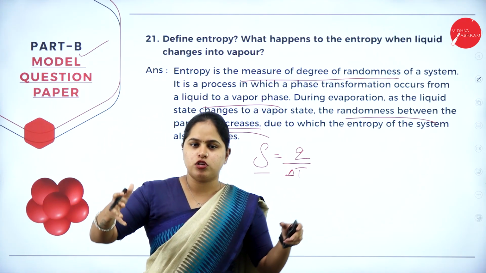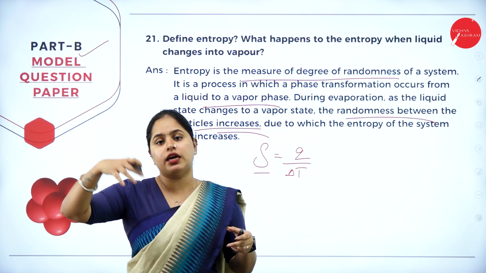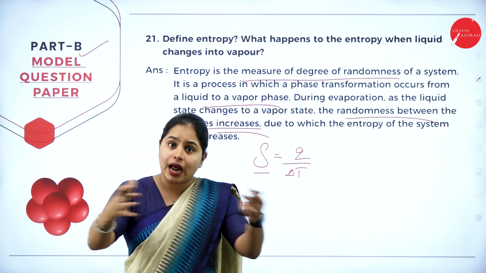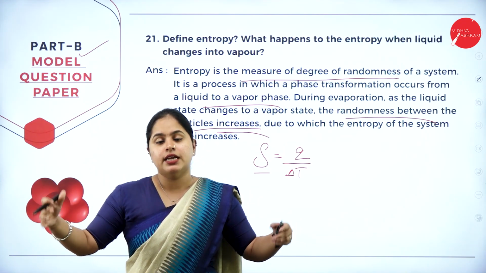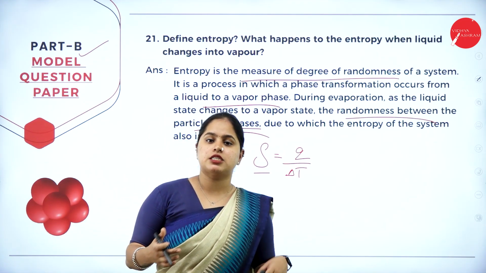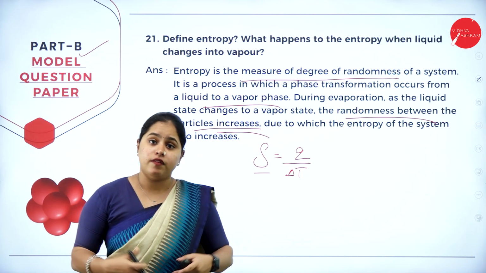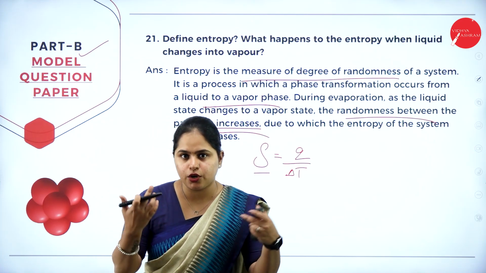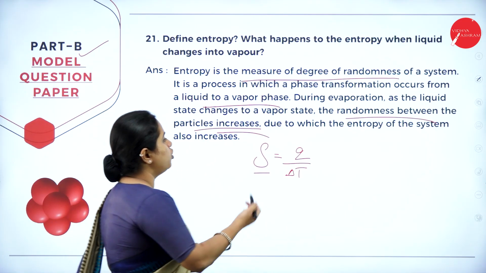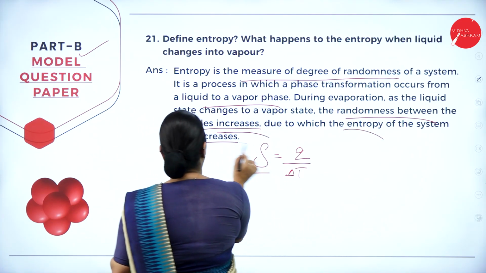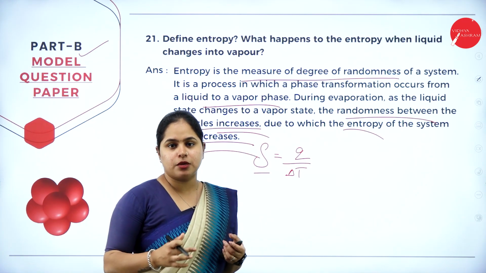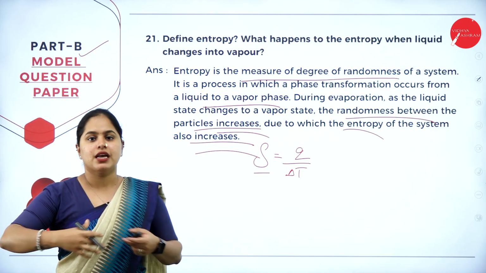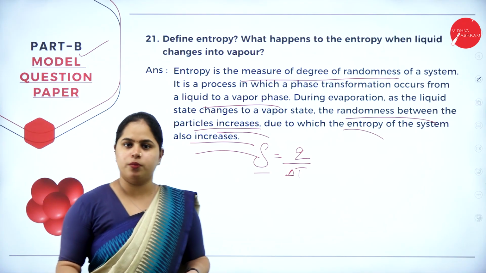In liquid, a little more space is there. When liquid gets converted into gaseous phase, there is more space, so the randomness will increase. When the randomness increases, the entropy will also increase. So if a substance changes from its liquid phase to vapor phase, randomness increases, hence entropy increases.